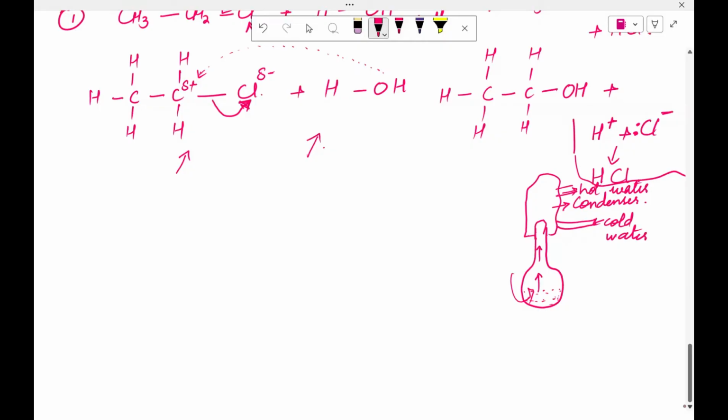Again, I just want to describe that vapors are forming at this point. Vapors tend to travel upward. And here there's a condenser. Cold water is entering at this place and hot water is leaving from this place.